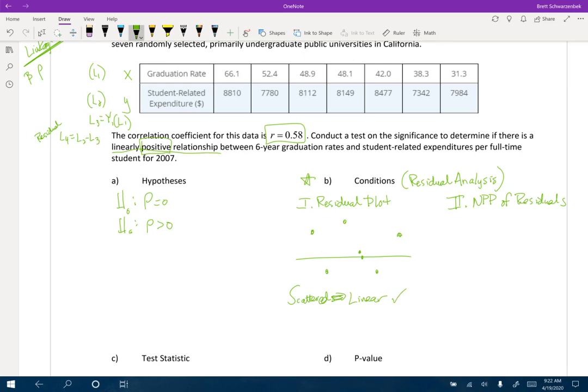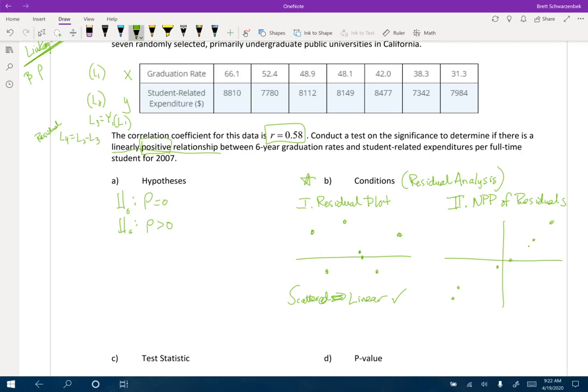Then to perform the normal probability plot, normally what I do, instead of changing things up, is turn the first plot off, turn the second plot on, go to the last type, and then just graph L4. If you graph L4, you're going to get something that looks like this. Okay, so linear enough, I think.